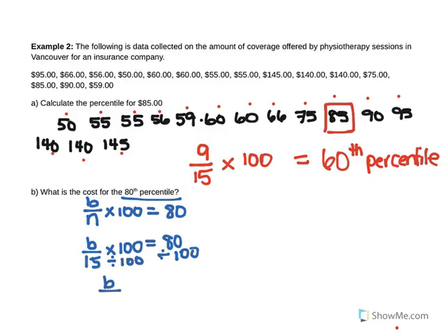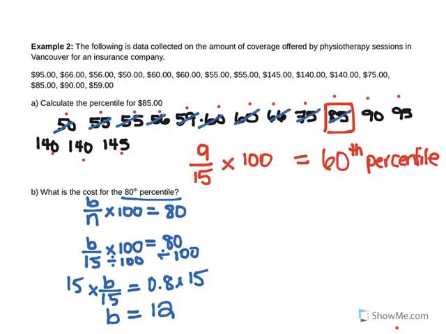And we have B over 15 equals 0.8. Then we're going to times by 15 to get B by itself. So B is equal to 12. That means there are 12 pieces of data below this. So we'll count 1, 2, 3, 4, 5, 6, 7, 8, 9, 10, 11, 12, which means the next number in line would be our answer. So 140 has a percentile rank of the 80th percentile.